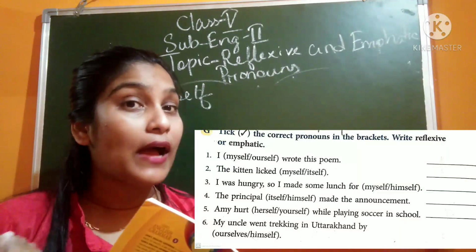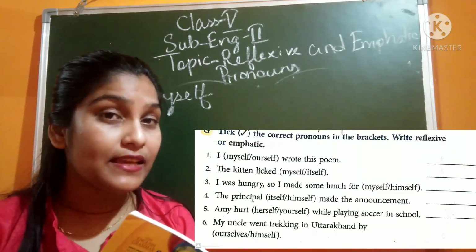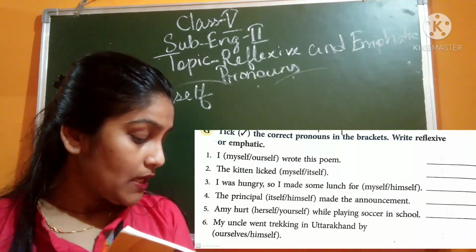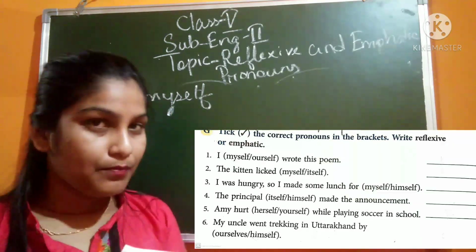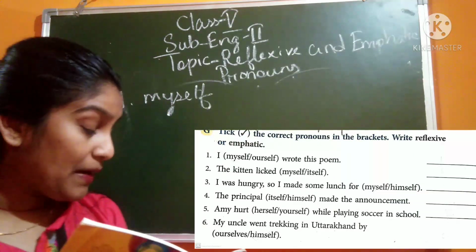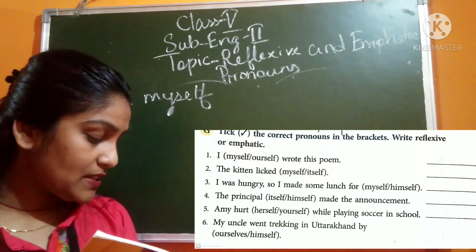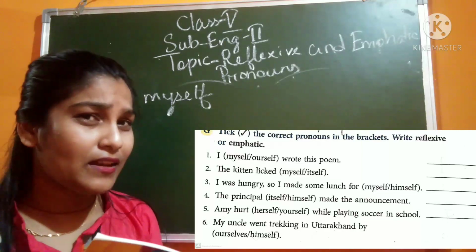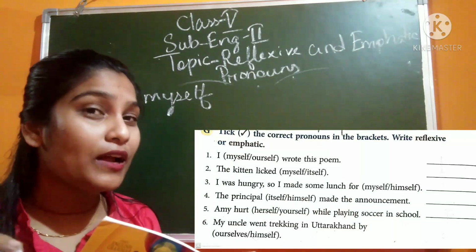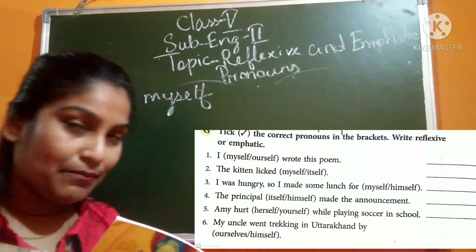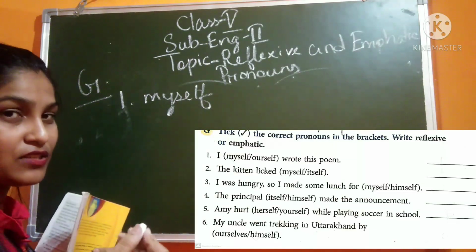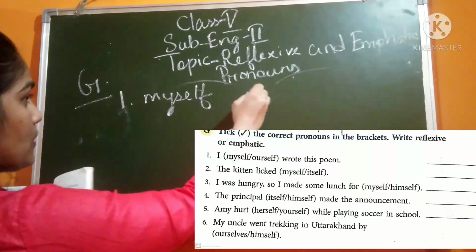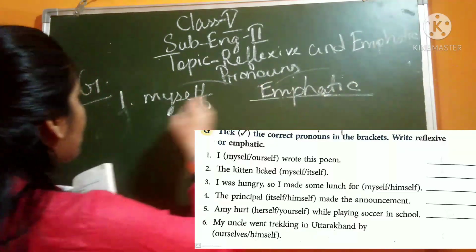Now how to identify whether this is a reflexive or emphatic pronoun. If we remove myself from the sentence and it is I wrote this poem, is it making sense? Yes, we can understand, right? So it is only putting more emphasis on the subject, but not reflexive. It is not reflecting back. So it will be emphatic.